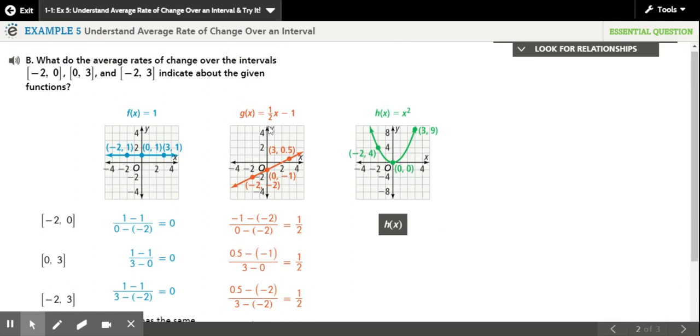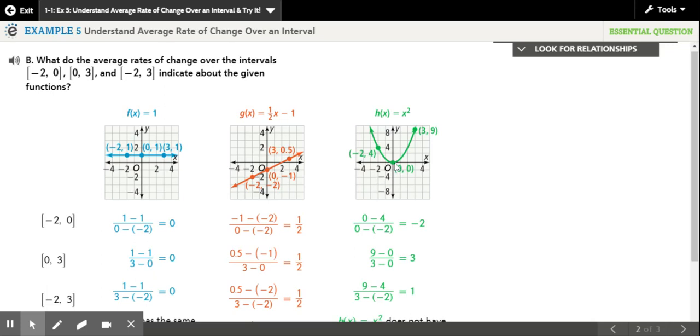You could have figured that out just by looking at the equation, by the way, because the coefficient of x is going to be your slope. Let's look at this. This is a quadratic function. h of x is equal to x squared. So the average rate of change between -2 and 0, again, change in y over change in x, is -2.